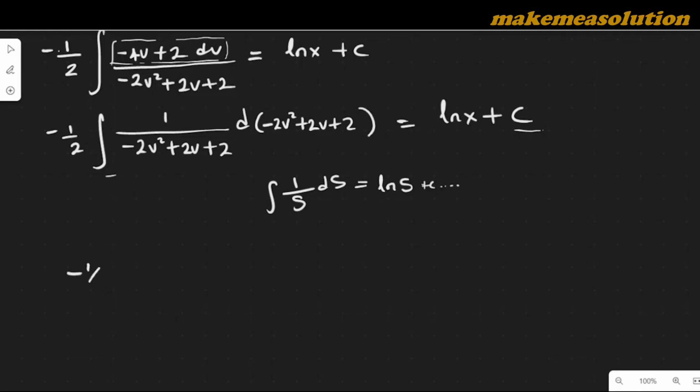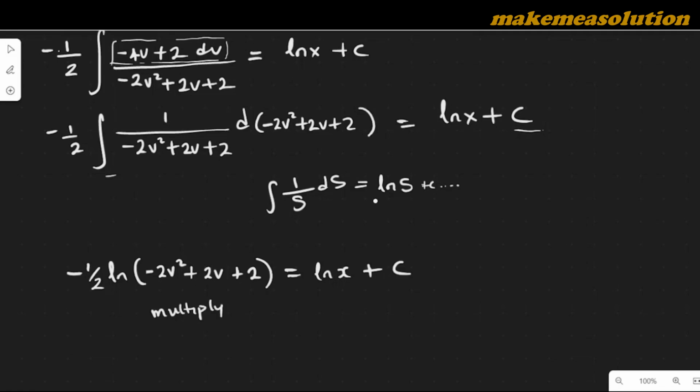So this gives me minus 1 over 2 natural logarithm of minus 2v squared plus 2v plus 2, equal to ln x plus c. Are we together? So assuming we multiply through by minus 2, if we multiply through by minus 2, we're going to get this.